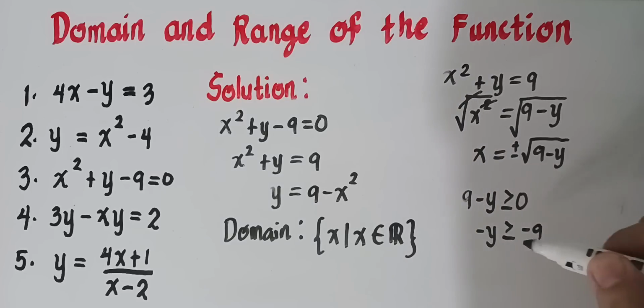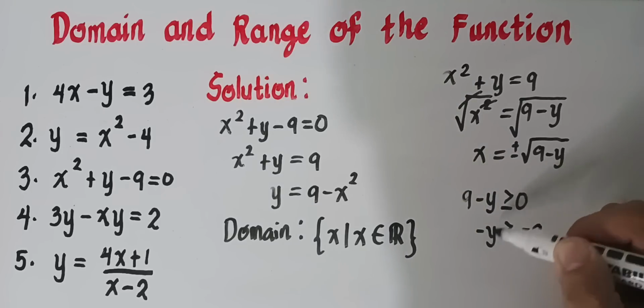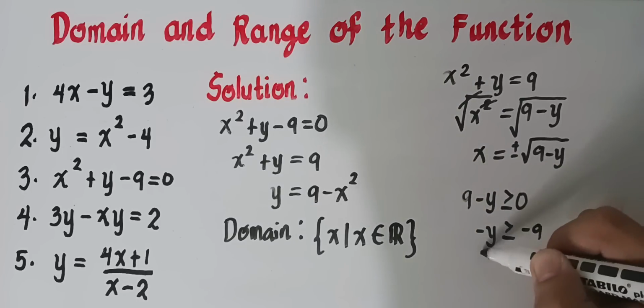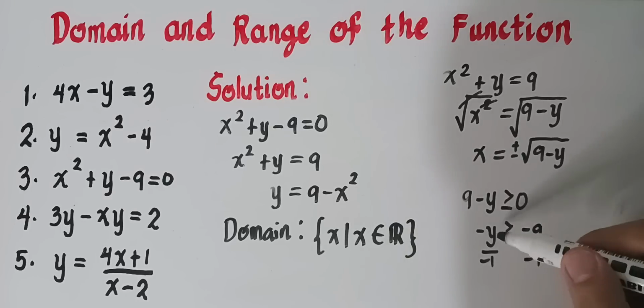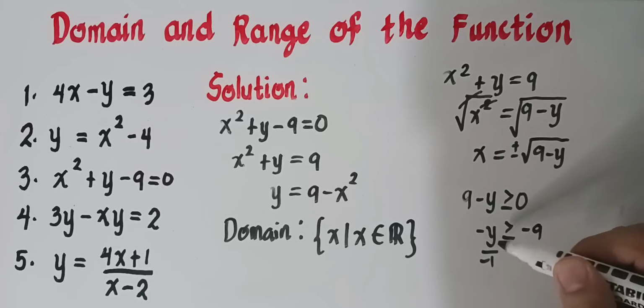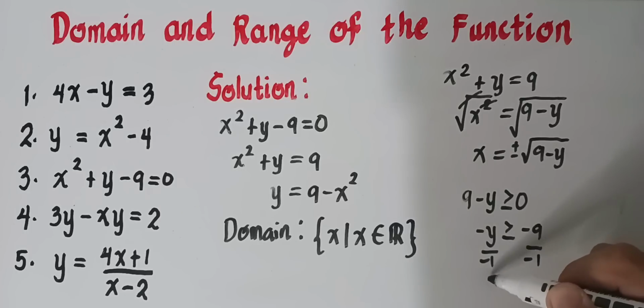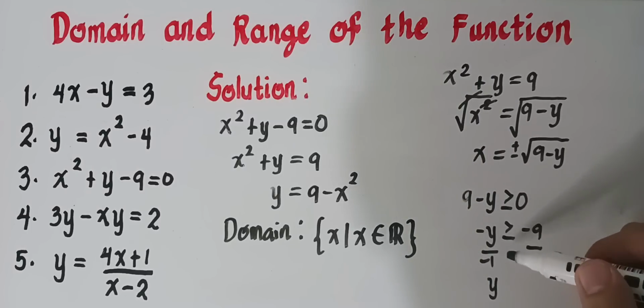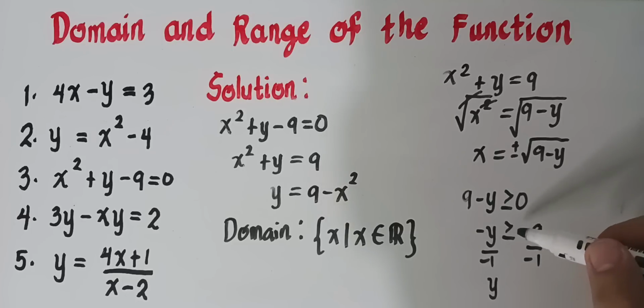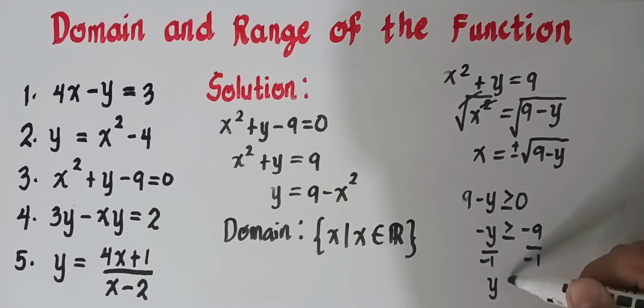Okay, so guys, dito, pwede tayo mag-divide or mag-multiply by negative 1 para ma-cancel out yung negative sign dito. Okay? So, since nag-divide tayo, as a rule, sa inequality natin, kapag tayo ay nag-divide ng negative number, so yung inequality symbol natin mag-change tayo ng sign.